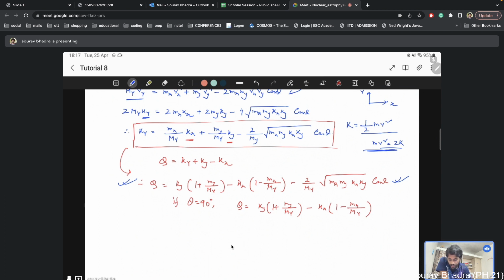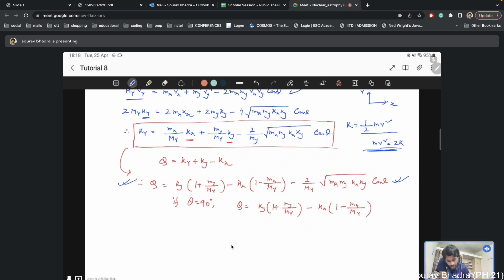Now if we multiply this equation with capital My, so all these are algebraic manipulation just to get the required quantity that you want to calculate.